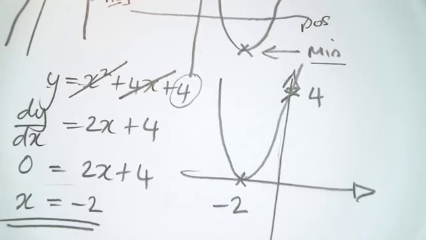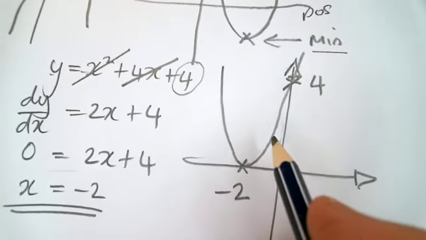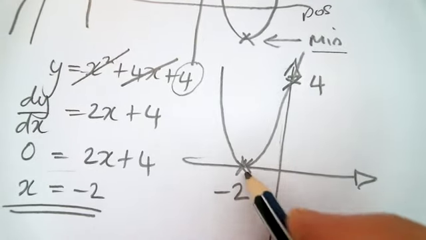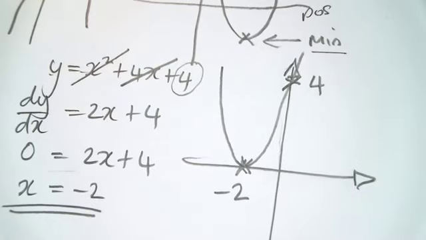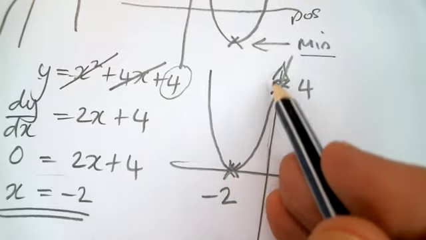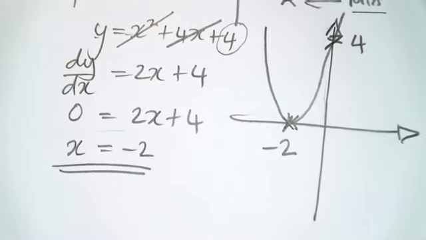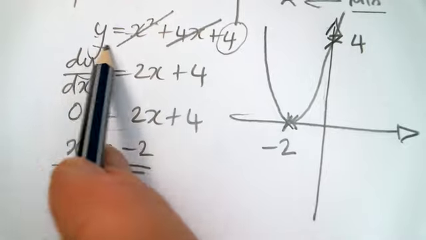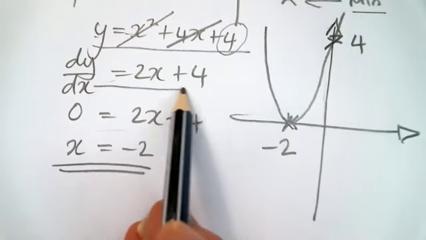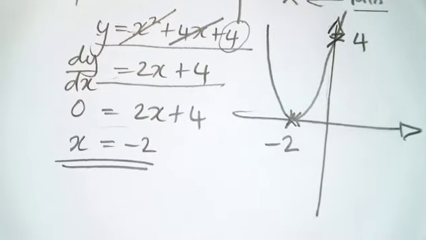So now we can find out whether this turning point is a maximum or a minimum. Now we know it's a minimum. It's the lowest point on the parabola, therefore it is a minimum. But we can tell by using differentiation. So here is the equation itself. Here is the first derivative. Let's find the second derivative.